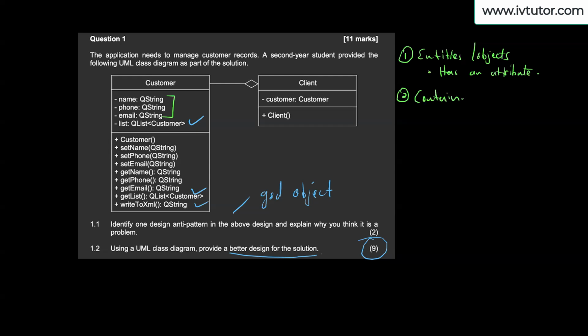Number two, we said containers. A list of something usually becomes a class. So if you've got a customer list or whatever list of items, that list needs to become a class. Number three, we said anything that serializes, or writes to a file or creates something from the data that you have, that becomes a class. Number four, something that deserializes, the reverse of serializing.